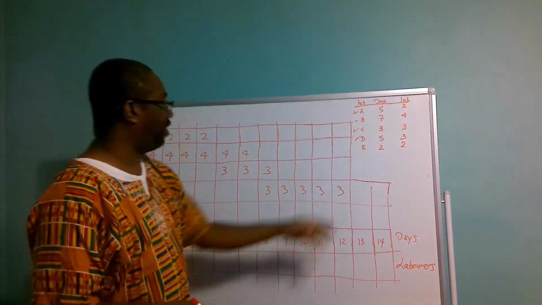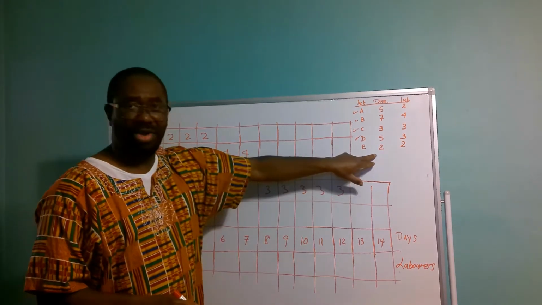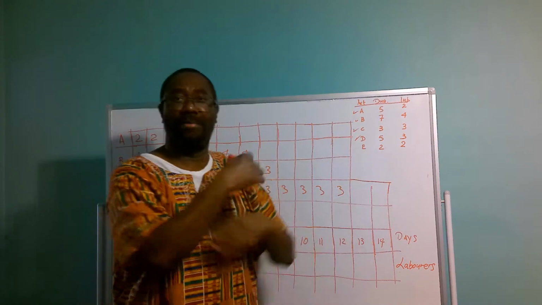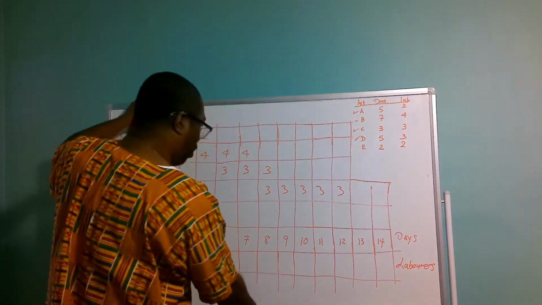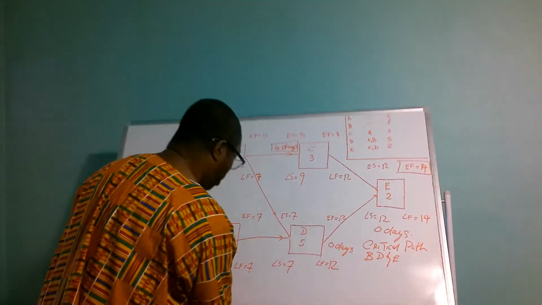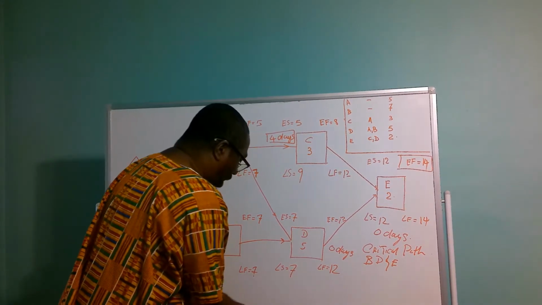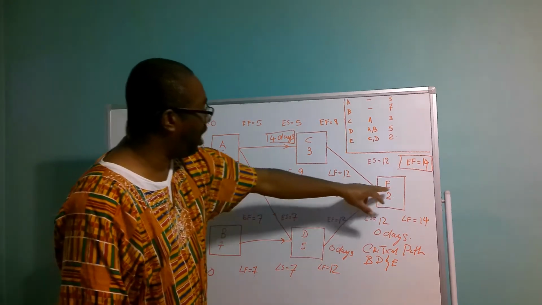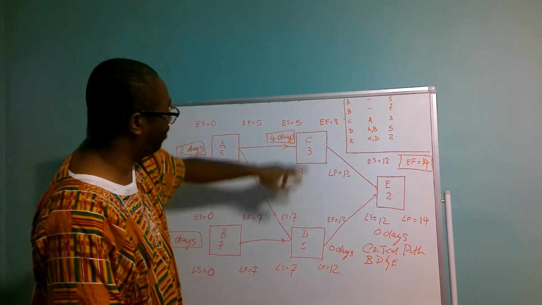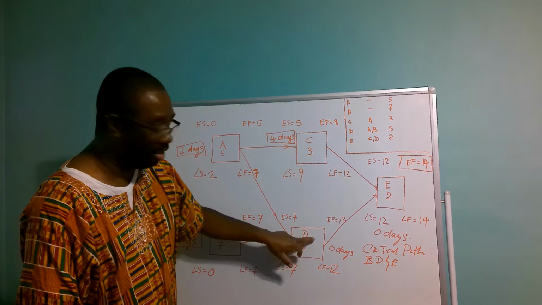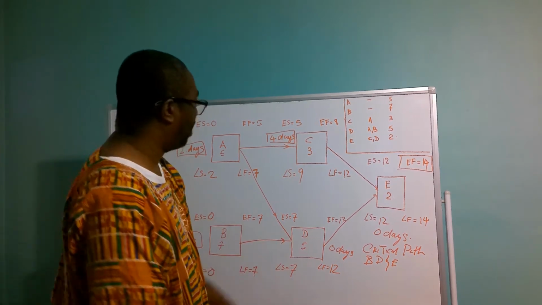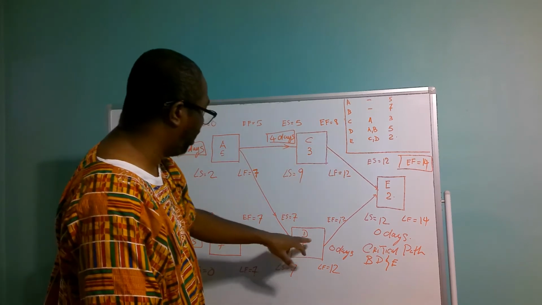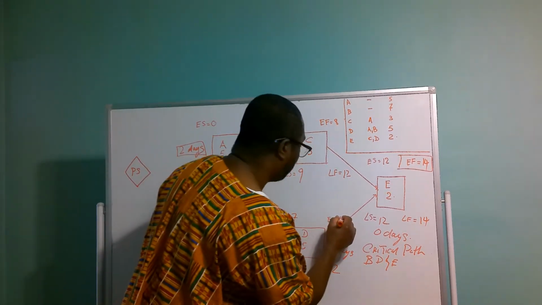Activity E has a duration of 2 days, and we're going to use 2 laborers to complete activity E. So we have to go back to the precedence diagram to find out when activity E starts. Activity E comes out of activity C and activity D. Activity C finished in 8 days and activity D finished in 12 days.